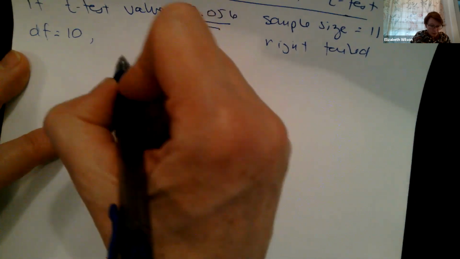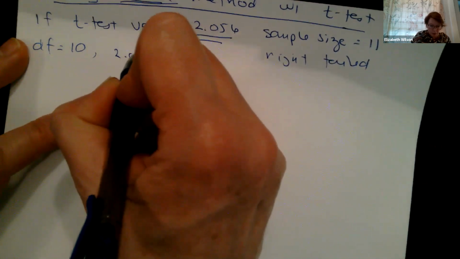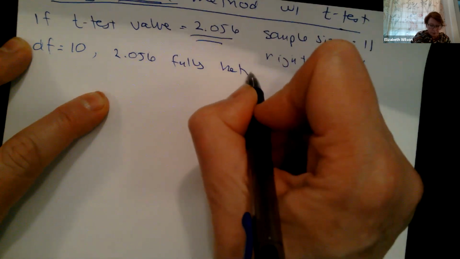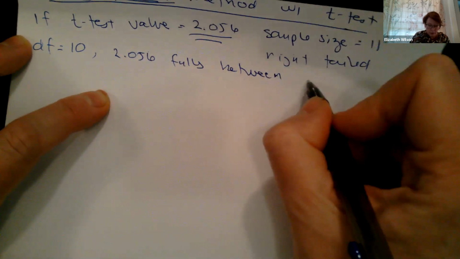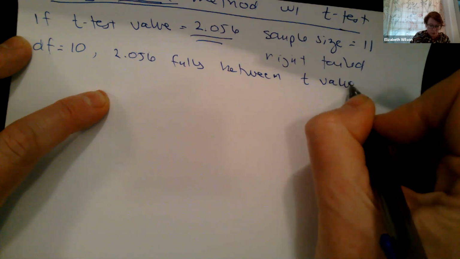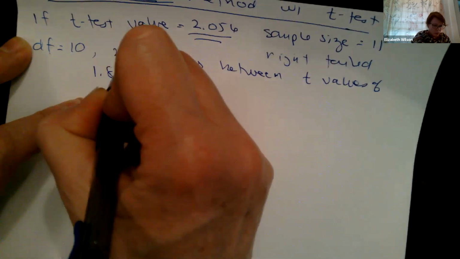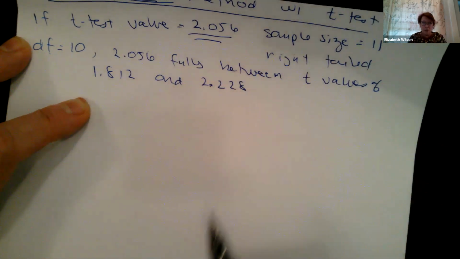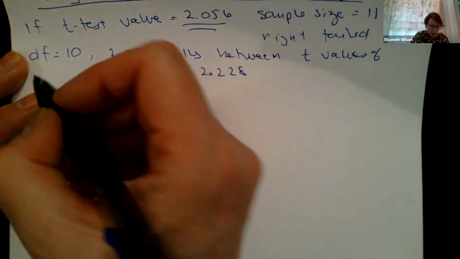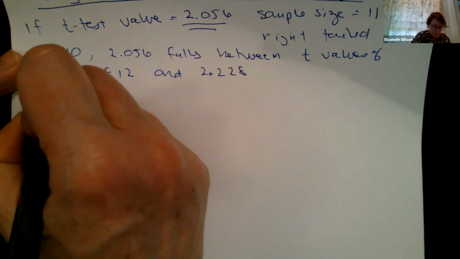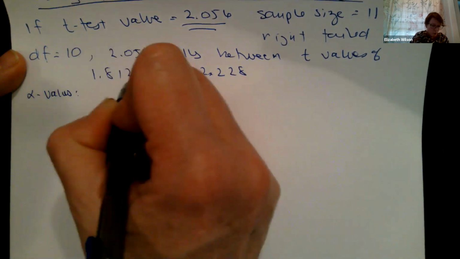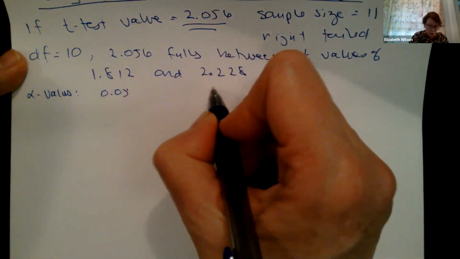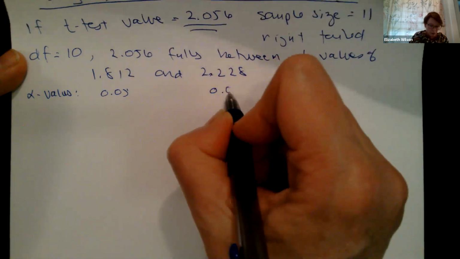Our 2.056 falls between t-values of 1.812 and 2.228. These correspond to alpha values: for 1.812 that was 0.05, and for 2.228 this corresponds to 0.025.